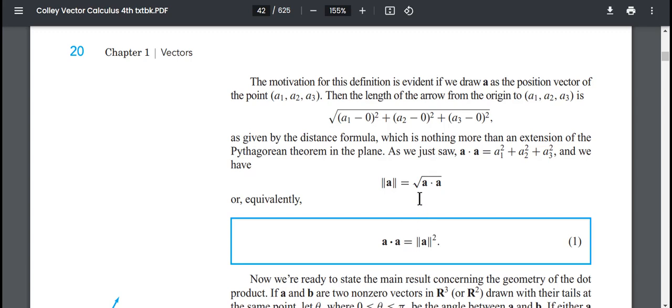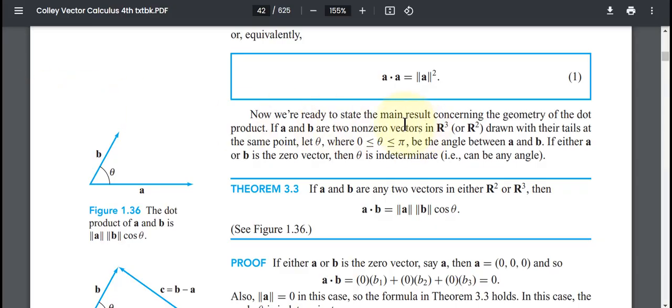So we get A dot A equals the norm squared, or the magnitude squared, or the length squared. We just showed that A dot A is the norm squared.